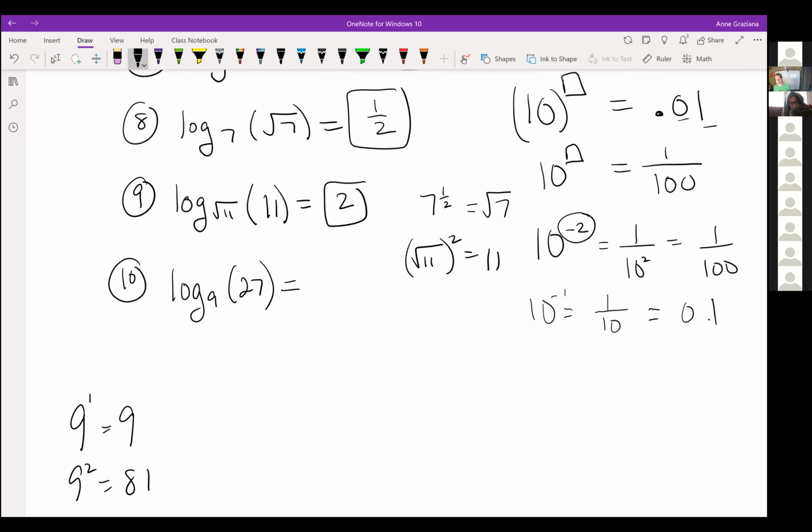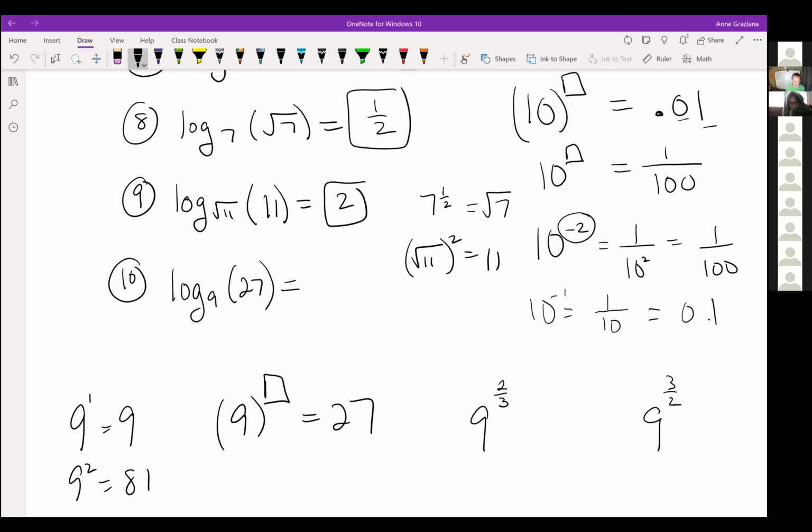So it can't be one of those. I'm looking for what I can do to 9 that's going to give me 27. Would it be 2/3 or 3 over 2? All right, let's try that. Which one do you want to try, 2/3 or 3 over 2? I think it'd have to be the 3 over 2 because you'd have to square root the 9.